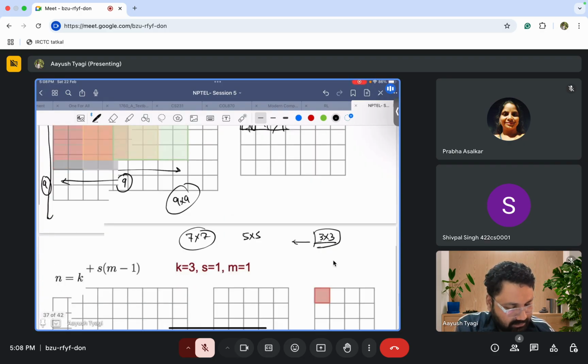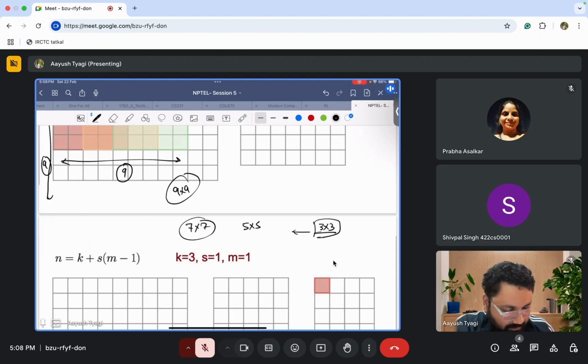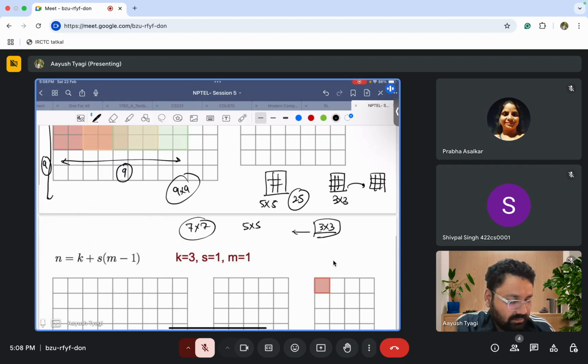I should draw it for you. Suppose you have a 5 cross 5 kernel, so the total number of parameters is 25. You can achieve the same receptive field using a 3 cross 3 kernel and then another 3 cross 3 kernel. Each 3 cross 3 kernel has 9 parameters, so the total is 18 parameters.